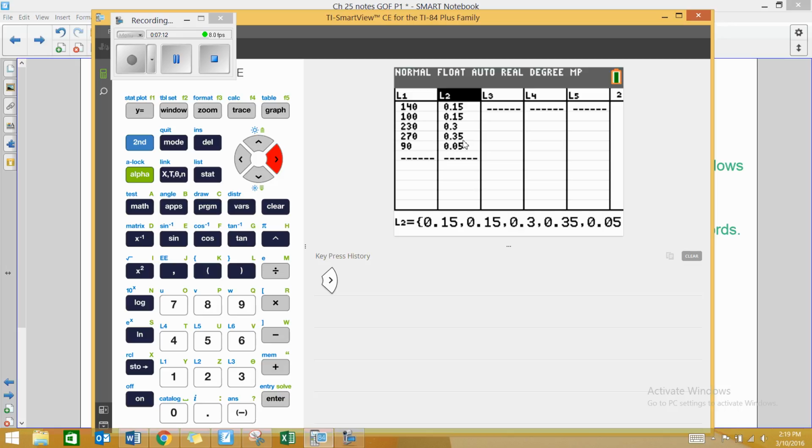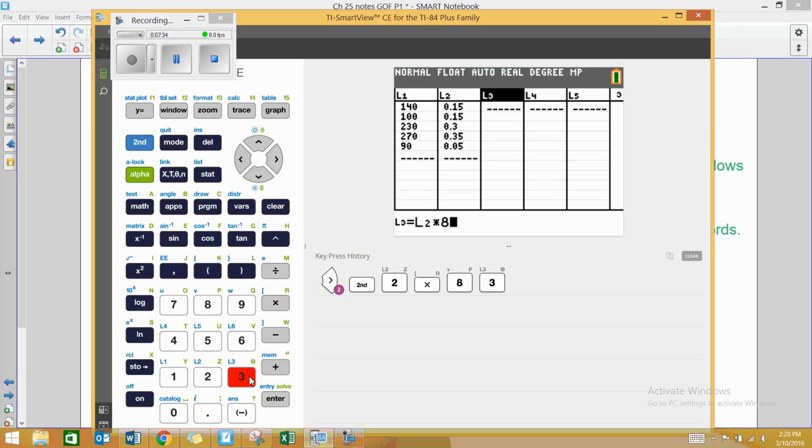So if I want to find the expected counts, I'm just going to take all these numbers and I want 15% of 830. Those will be all the expected white cars. I want 15% of 830. Those will be all the expected blue cars. 30% of 830, and so on and so forth. So I'm just going to take all the values in list 2 and multiply them with the 830 cars in my sample size.